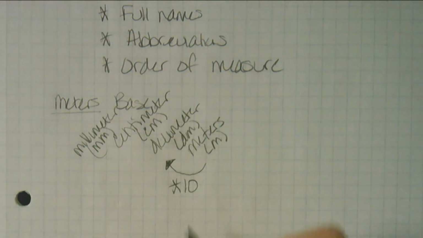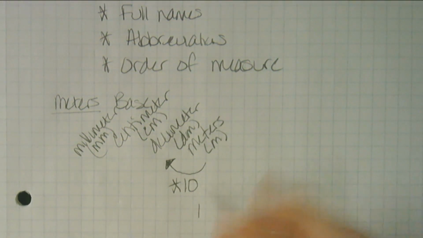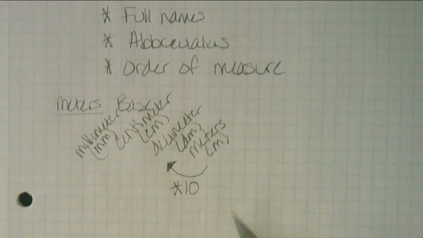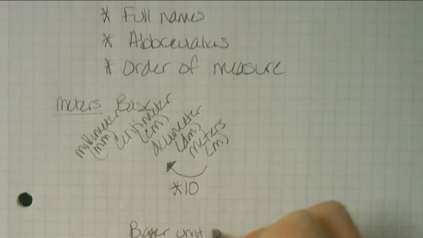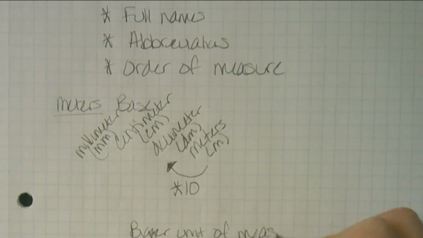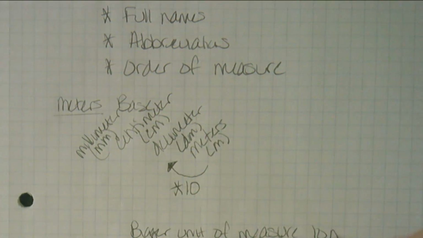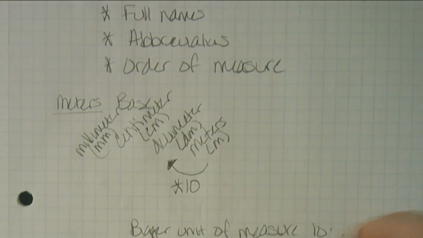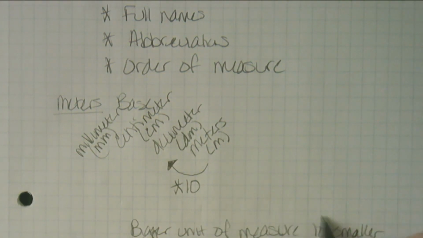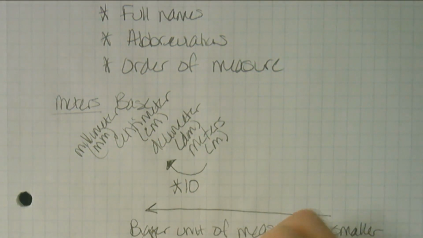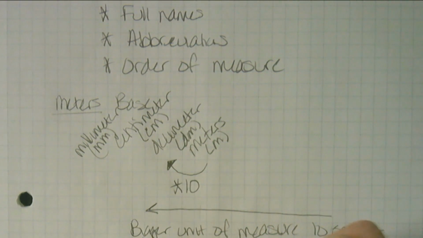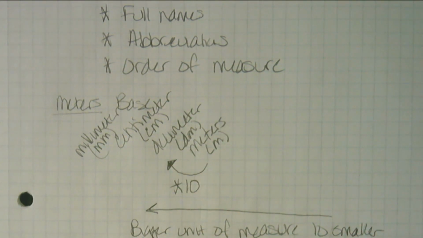So when I'm going from a bigger unit of measure to smaller, we multiply by tens. That's going in that direction. We're going to multiply by 10, 100, 1,000.